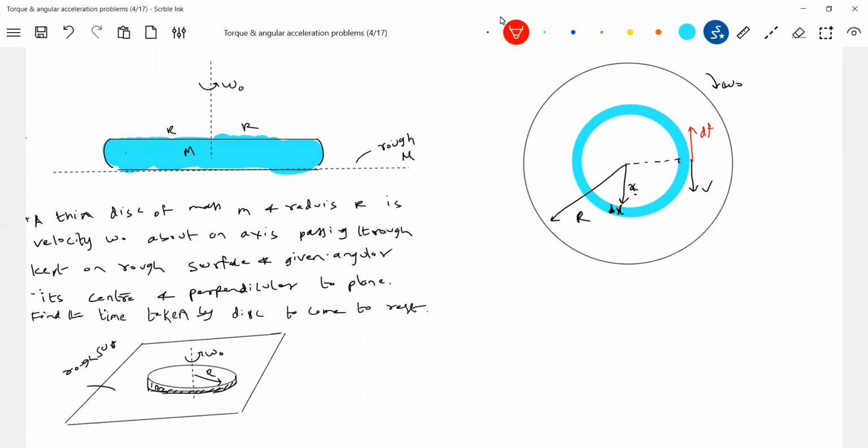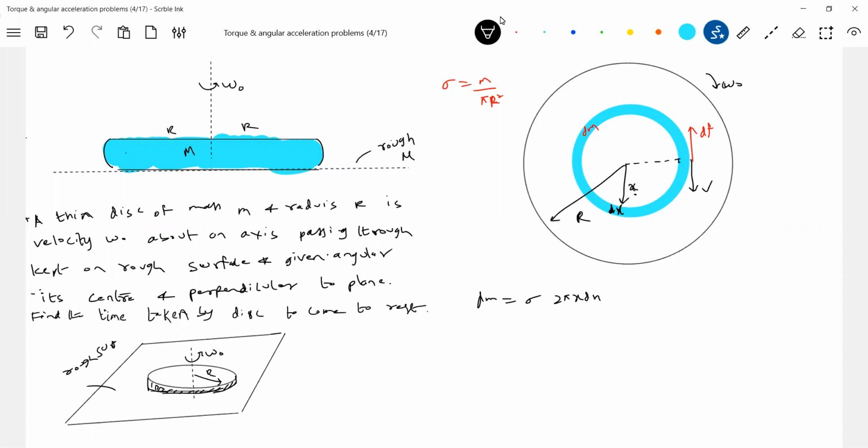What is the mass of this elemental ring, dm? We can easily calculate it. We know sigma is m by pi r square. So dm is equal to sigma into 2 pi x dx, the area of this strip, which we have already discussed in center of mass and moment of inertia.